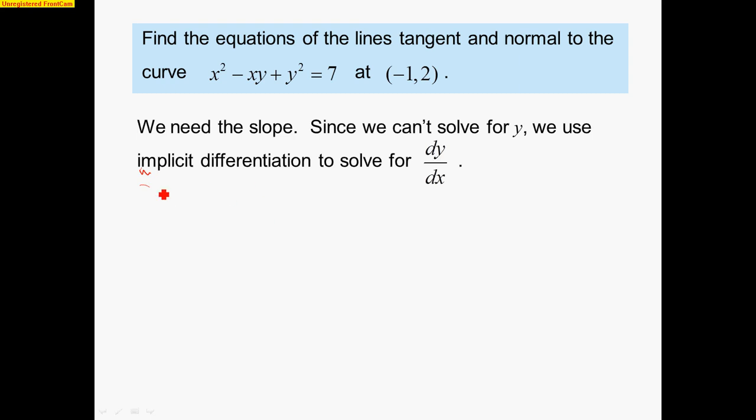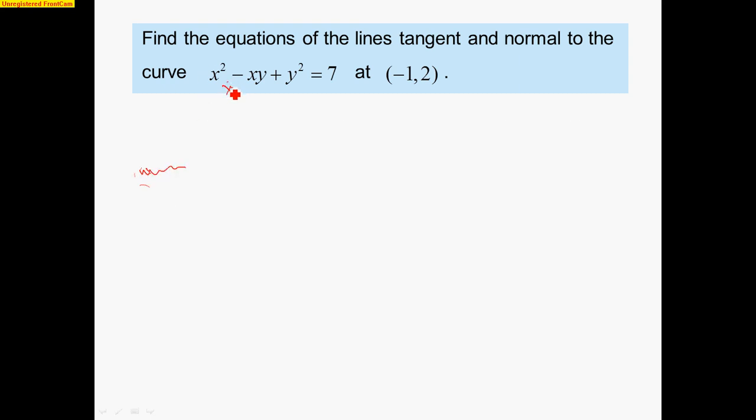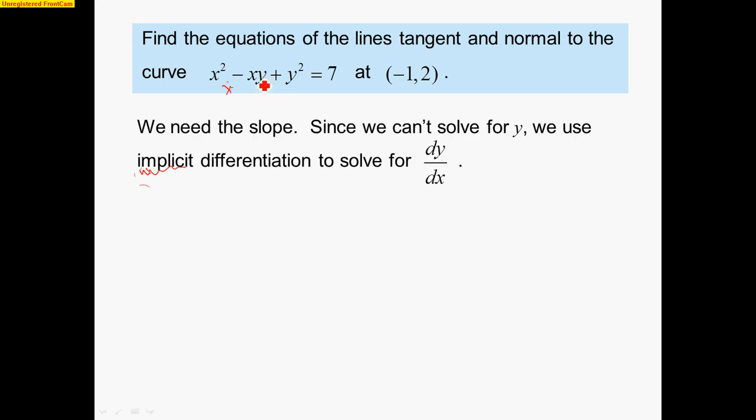I need implicit because my x's and y's are mixed up together. There's no y by itself. No y equals x stuff. Therefore, I need implicit. So I am going to do term by term differentiation.